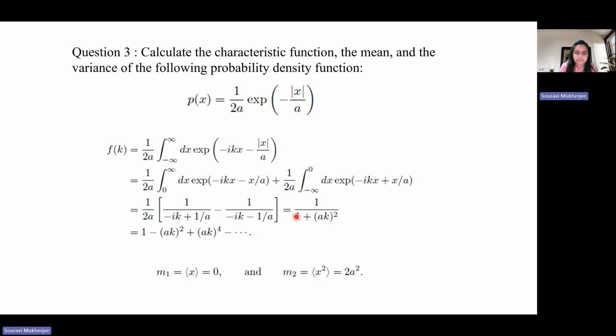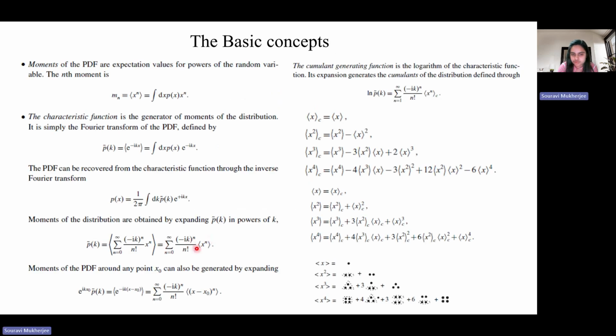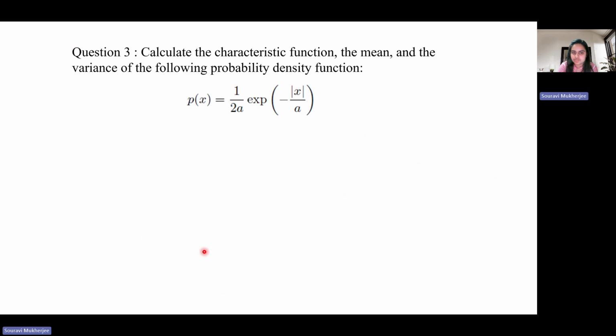And what do you get out of it? So now what you get is, so this is your f of k or p of k, okay? And you get it as a series of certain terms, each of which has this powers of k, right? Now by comparing this with this form, if you just compare or just look at the coefficients of the k to the power n, that will give you the expression of the moments, right?